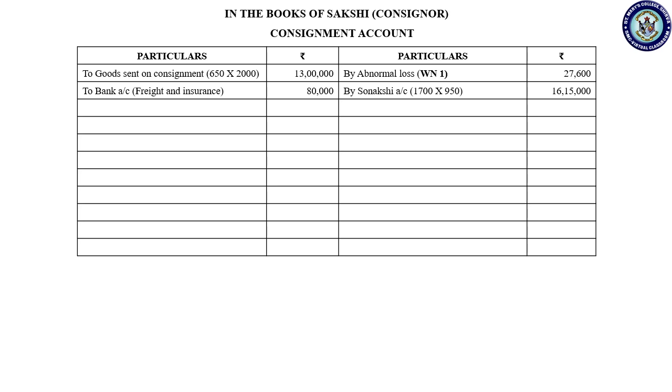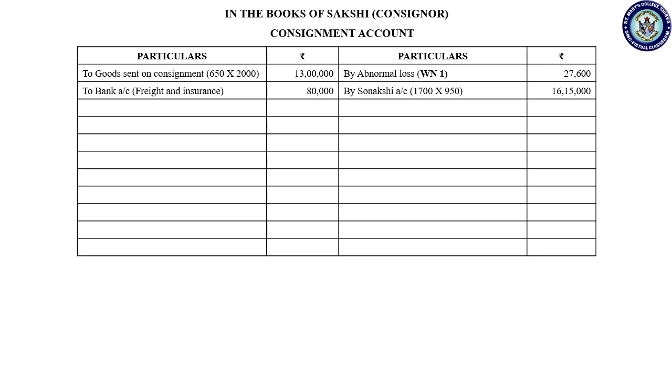Now Sonakshi has sold, so Sonakshi's name, 1,700 into 950. So sale, that is 1,700 into 950.